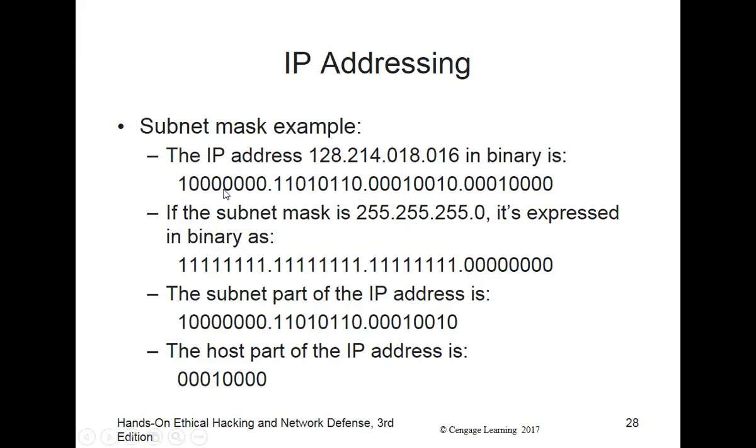So this whole first part, this 170 up to this period, is the network, and this is machine number 16 on this network. If you go to my YouTube channel and search for networking, I have 4-hour videos all about networking. So the subnet mask divides the network from the host.